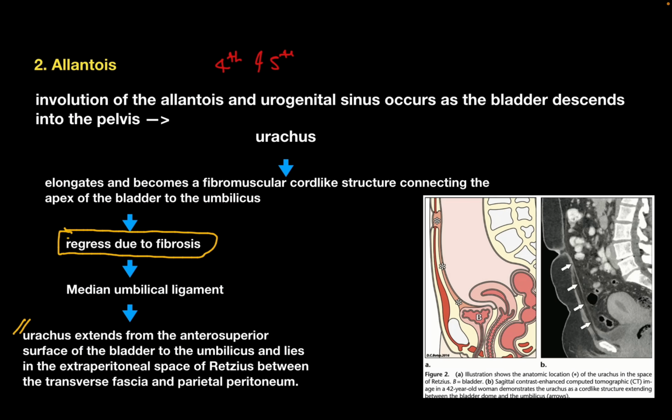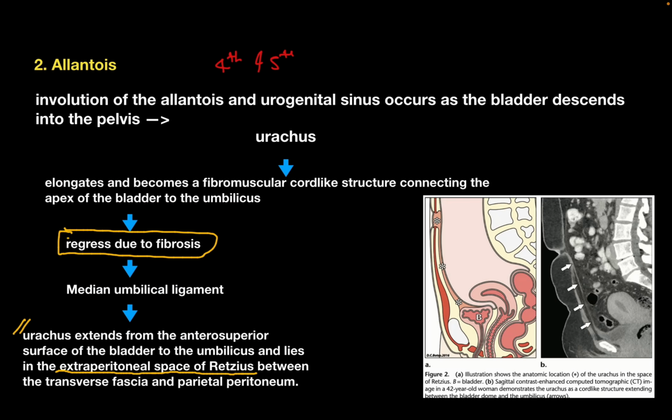Now the urachus extends from the anterosuperior surface of the bladder to the umbilicus and lies in the extraperitoneal space of Retzius, or the retropubic space, between the transversalis fascia and the parietal peritoneum. Look over here.